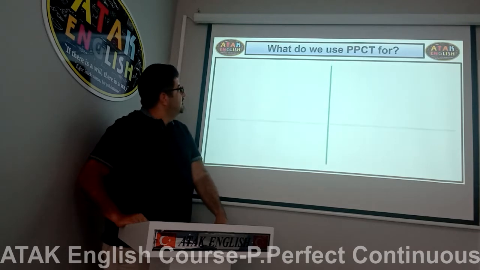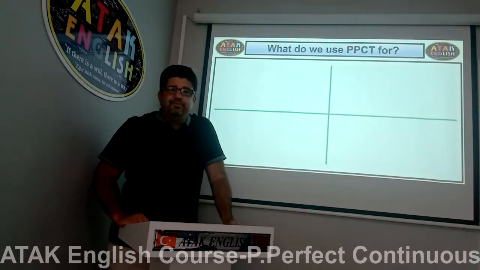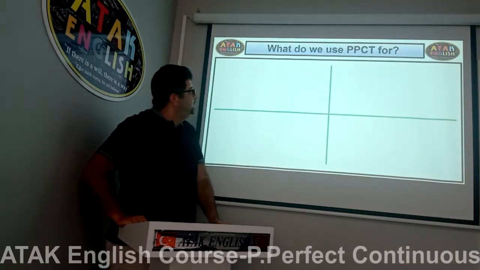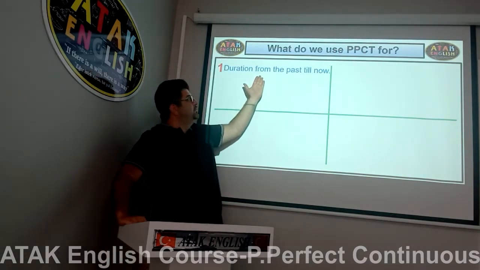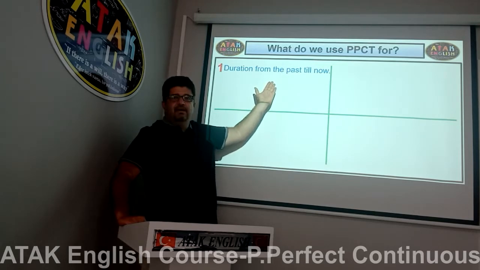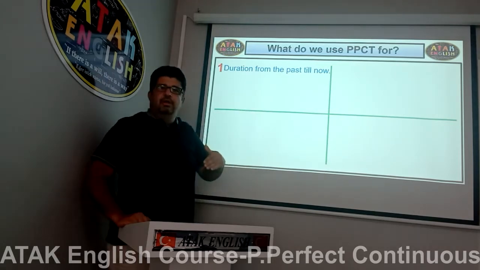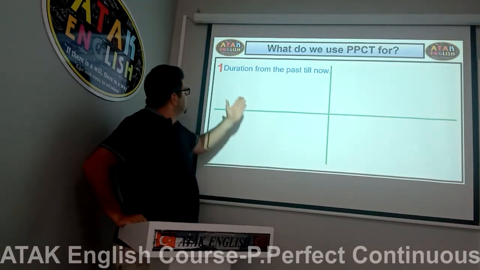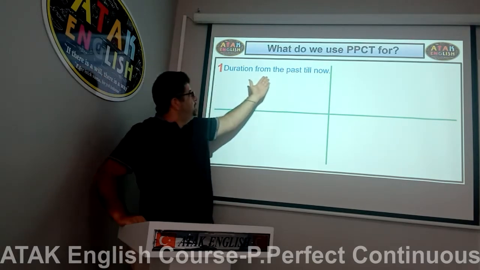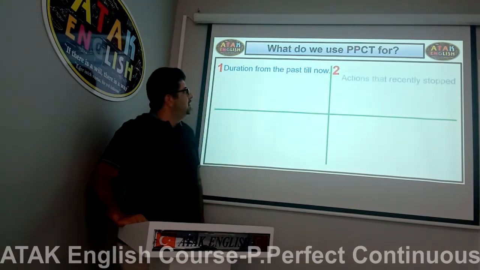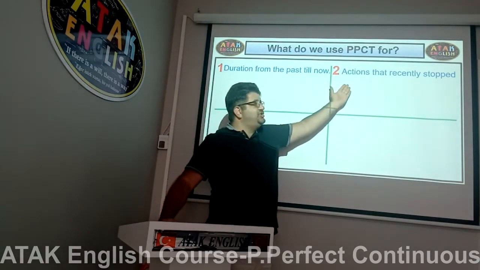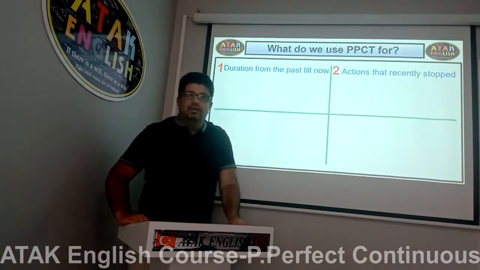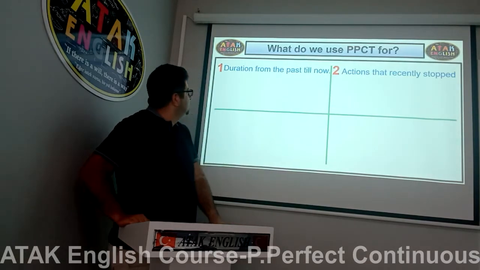Okay then, what do we use present perfect continuous tense for? Number 1, duration from the past till now, for actions which have a duration from the past till now. Number 2, I also use present perfect continuous for actions that recently stopped.